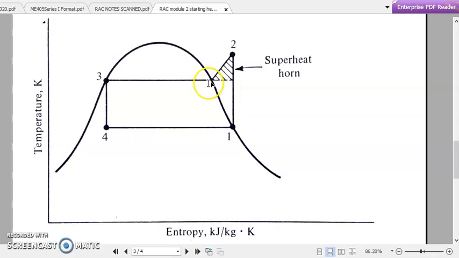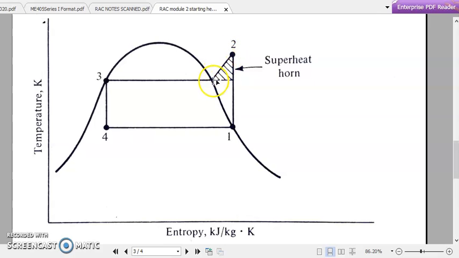So 2 to 3, here we can see it is a constant pressure line. This constant pressure line has a shape in the TS diagram like this. Inside the vapor dome it will be a horizontal line, because during the phase change it is a constant temperature process, but outside the vapor dome it will be an inclined line like this.